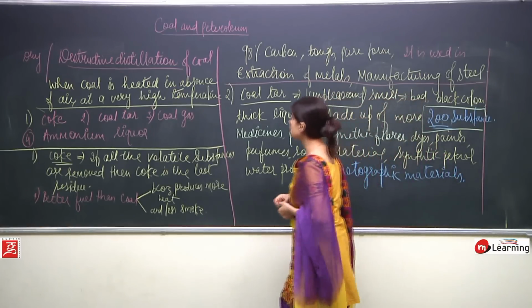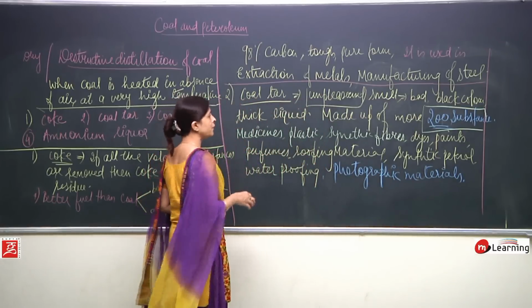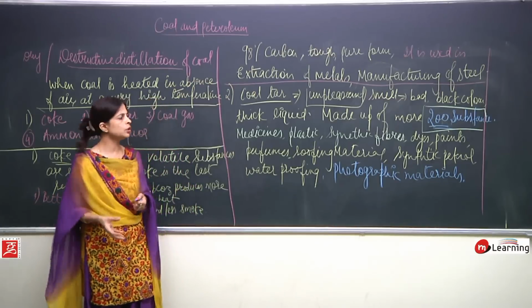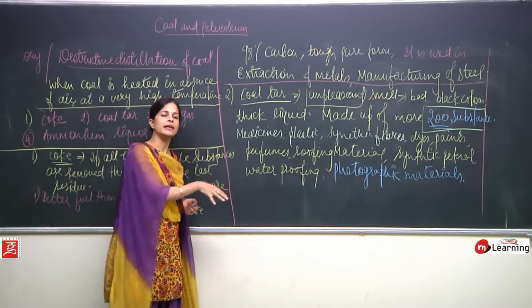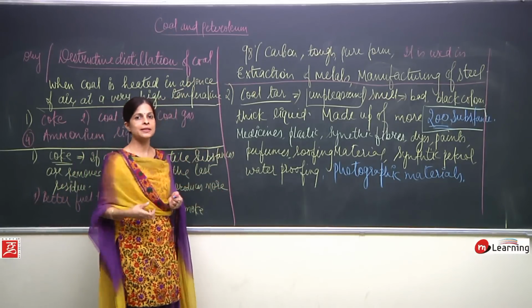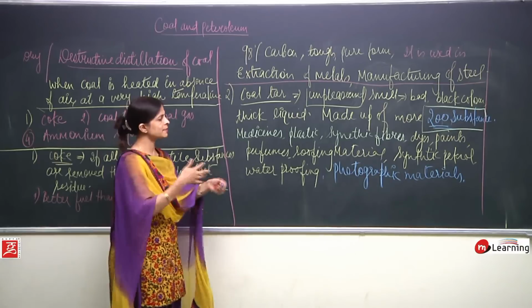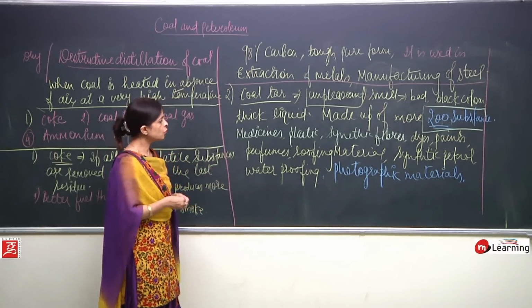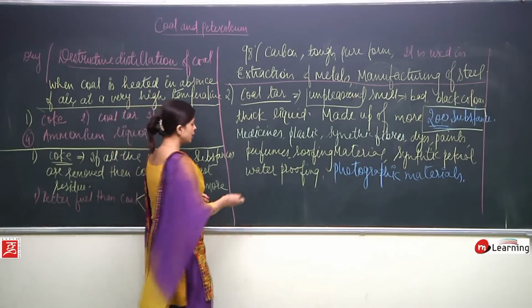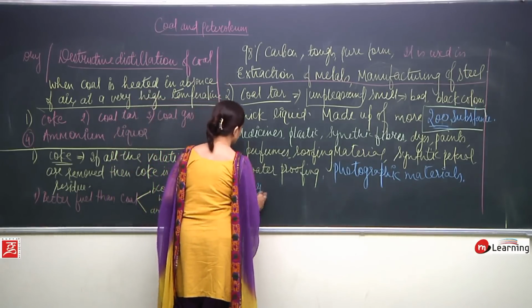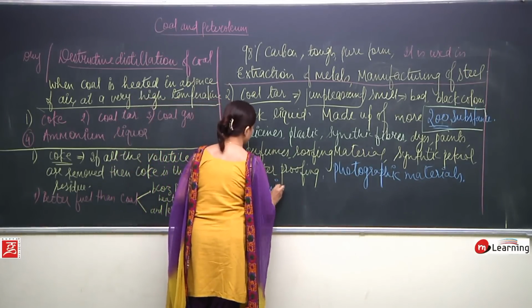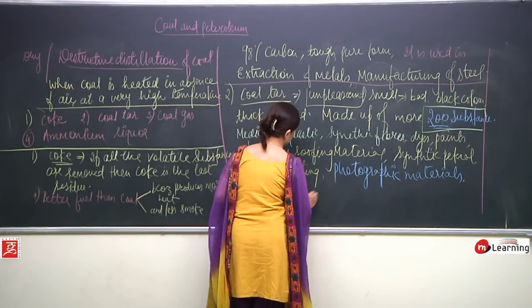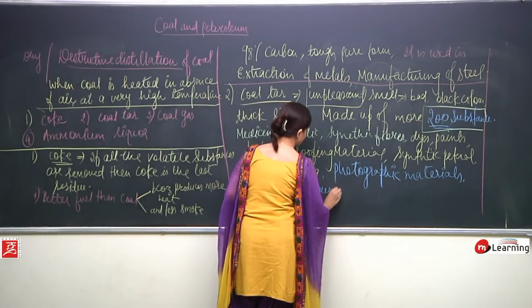So there is a long list of what can be obtained from coal tar. As I told, 200 substances are there in it. When all these substances are separated, so many things are formed. Now even organic compounds are formed. What can be the organic compounds?